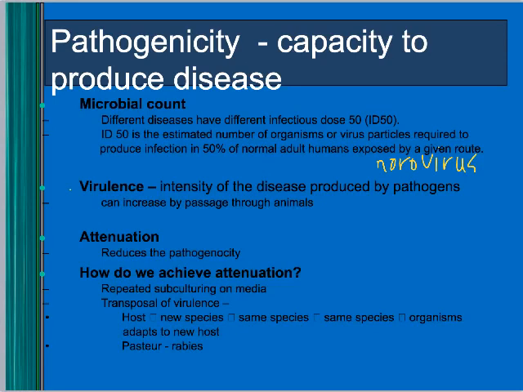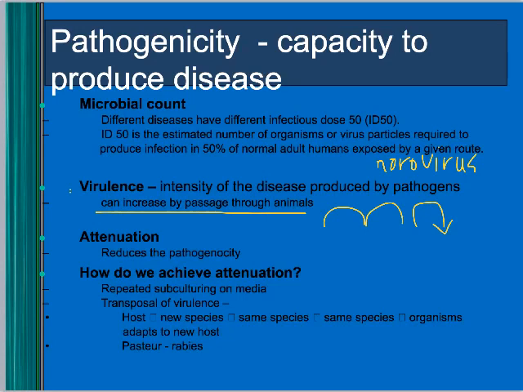Now, virulence. One thing that can happen with virulence is that as a pathogen passes from animal to animal, it becomes more pathogenic. It gets better at causing infection the more it passes through.